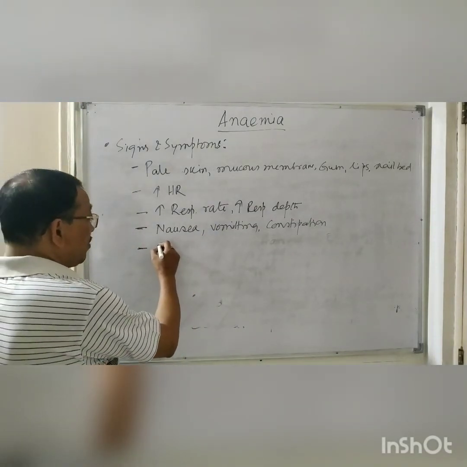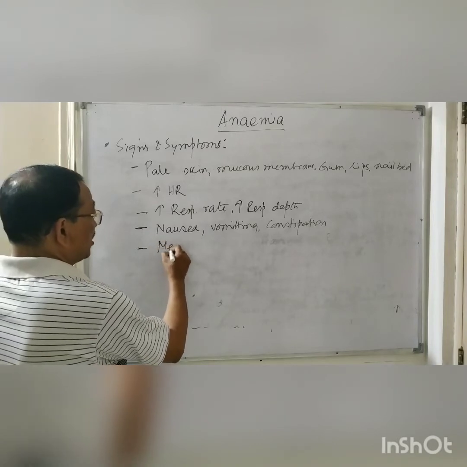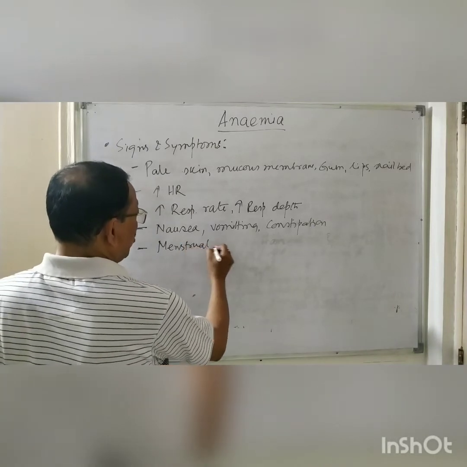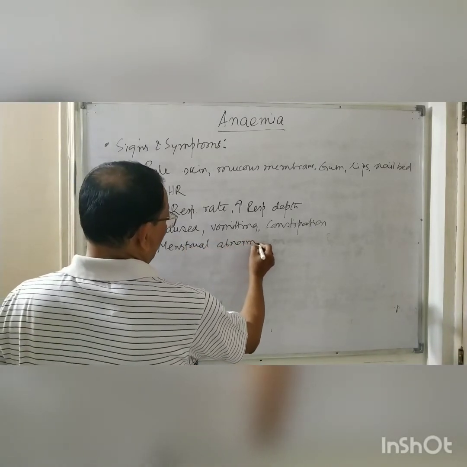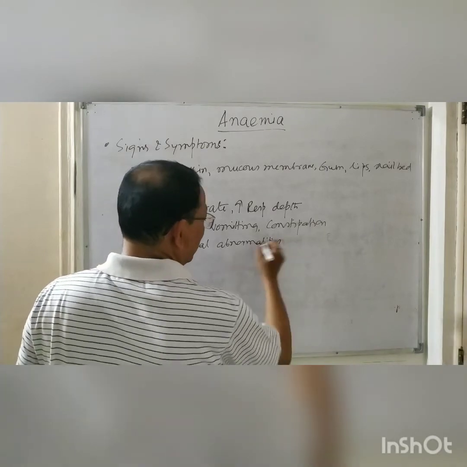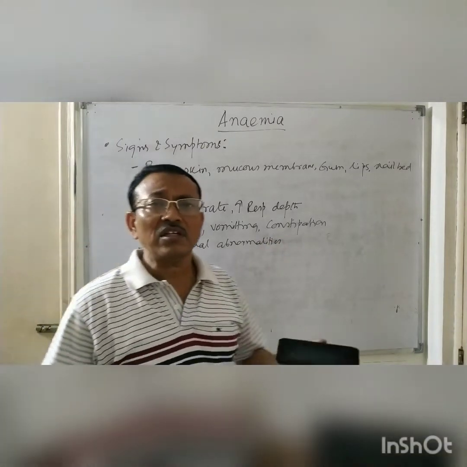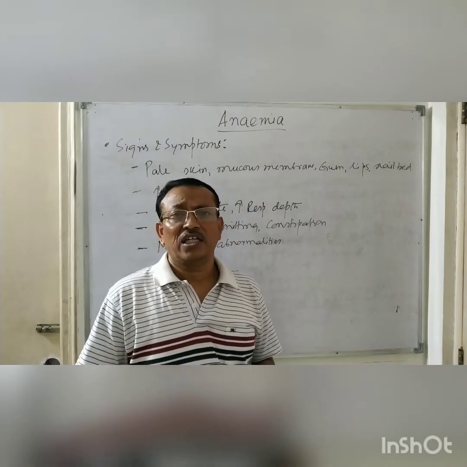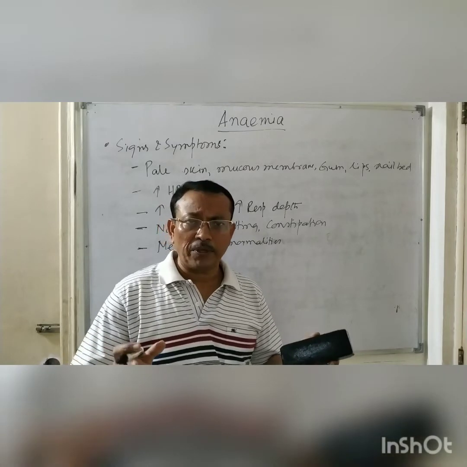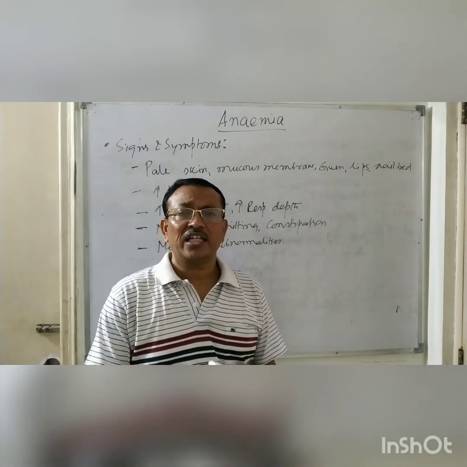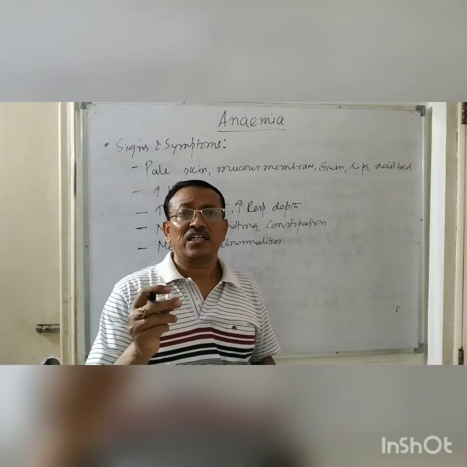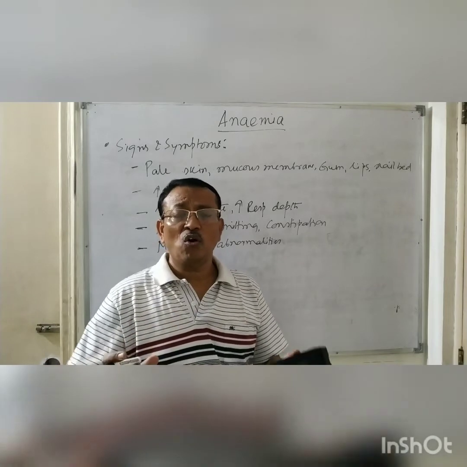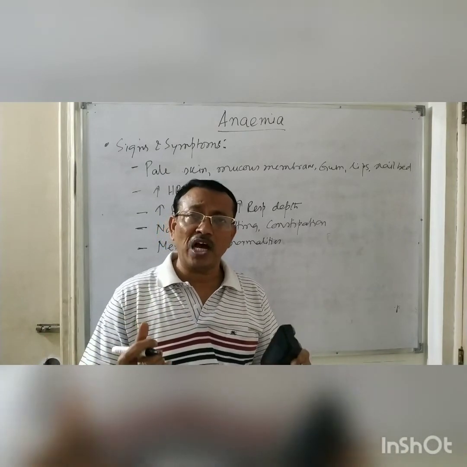Next one, in case of females, there can be menstrual abnormalities. So if a woman after puberty is having irregular periods, an irregular menstrual cycle, then the doctor first tests the hemoglobin content and the RBC count to know whether the person is suffering from anemia or not.